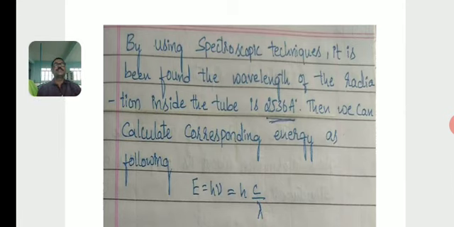By using spectroscopic techniques, it has been found that the wavelength of the radiation inside the tube is 2436 angstrom.